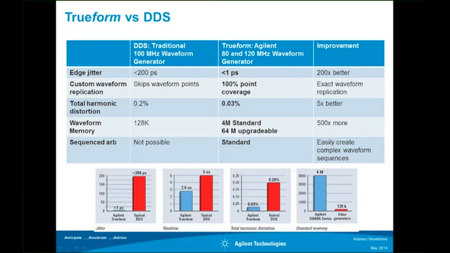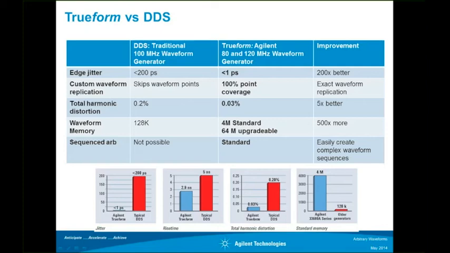We do have that ability to output every point as you want it to be outputted, as you designed it. Unlike DDS, which skips points at the higher frequencies, our signals are going to be cleaner. One aspect I didn't mention earlier is our waveform memory. A typical DDS-based generator in this class is going to have about 128 kilosamples of waveform memory.